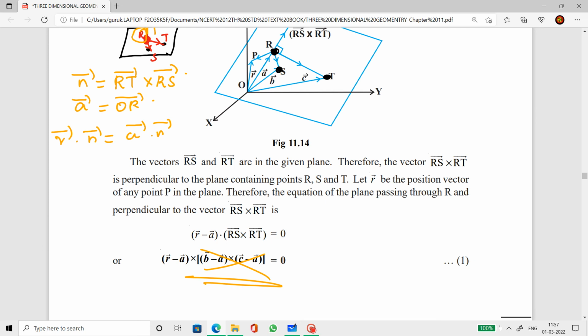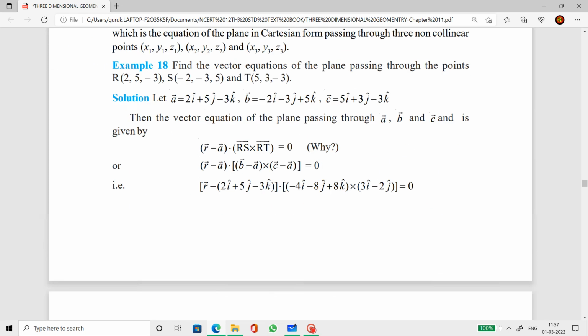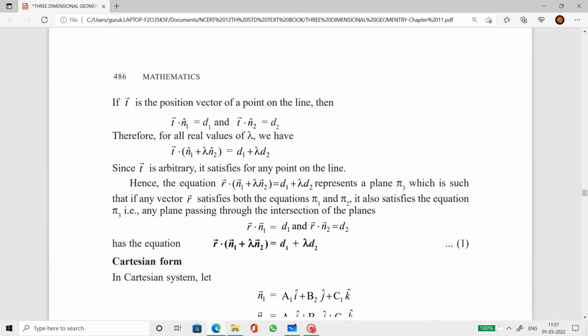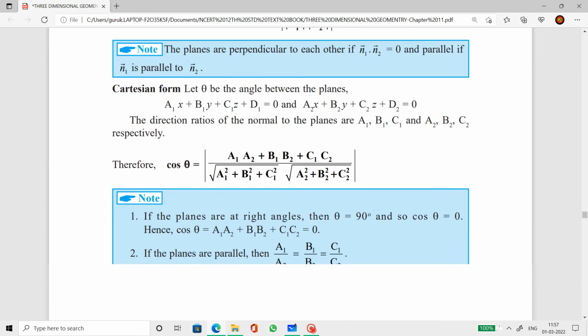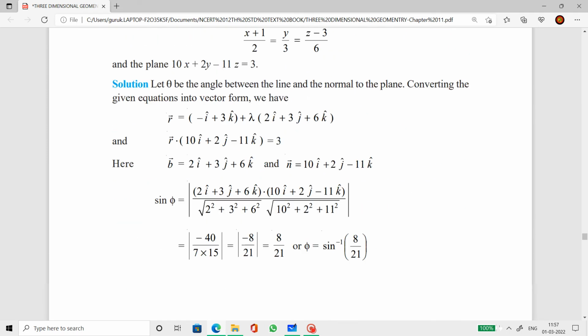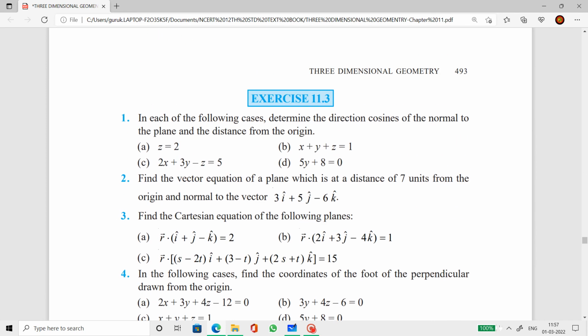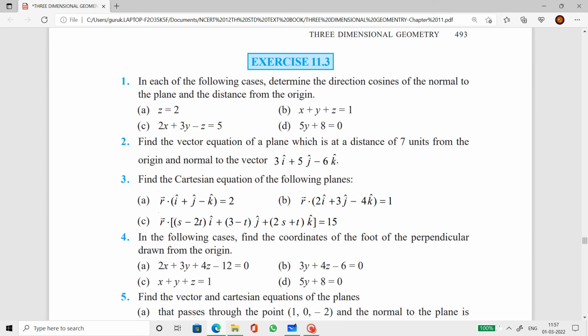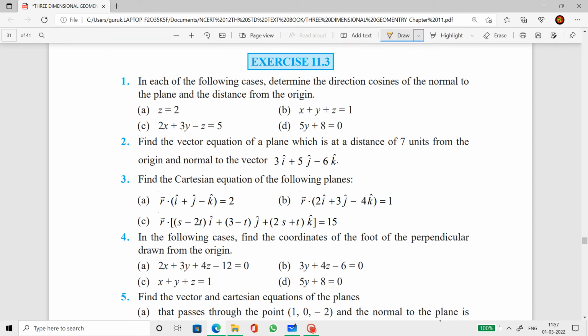Now let's start with the exercise sums. This time we are going to discuss the questions quickly. Let's see the first one.